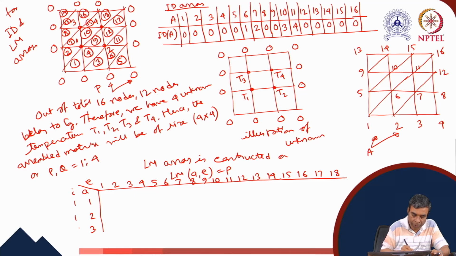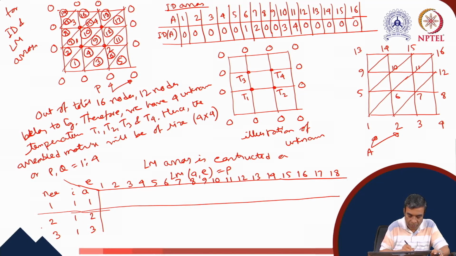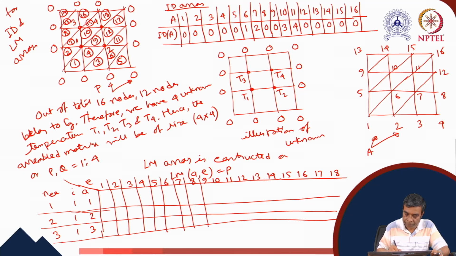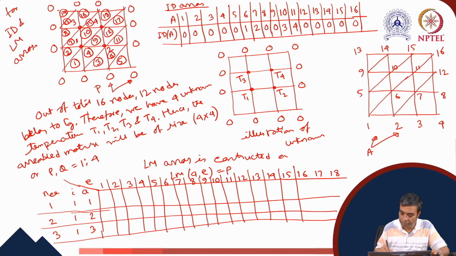The IDOF per node is 1 because there is only one degree of freedom. A, the number of element equations, goes from 1 to 3 per element. So here we make the boxes for generating the global equation numbers belonging to individual elements. This is for the third element, fourth element, fifth element, sixth element, seventh, eighth, ninth, 10th, 11th, 12th, 13th, 14th, 15th, 16th, 17th, and finally for the 18th element.